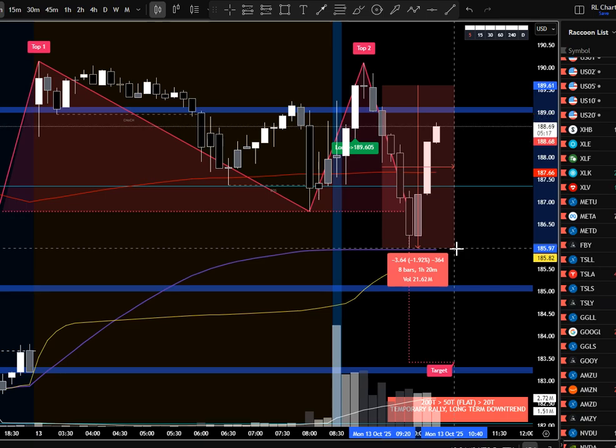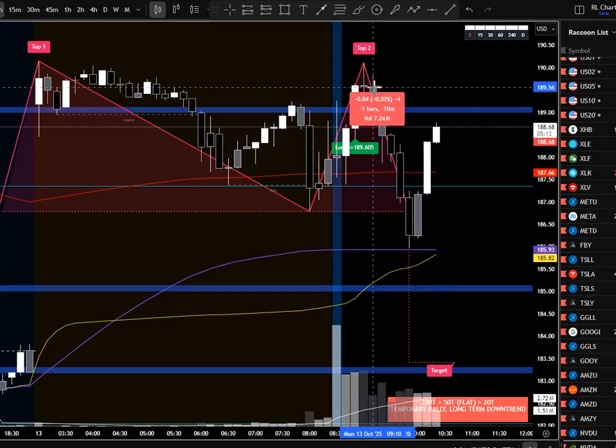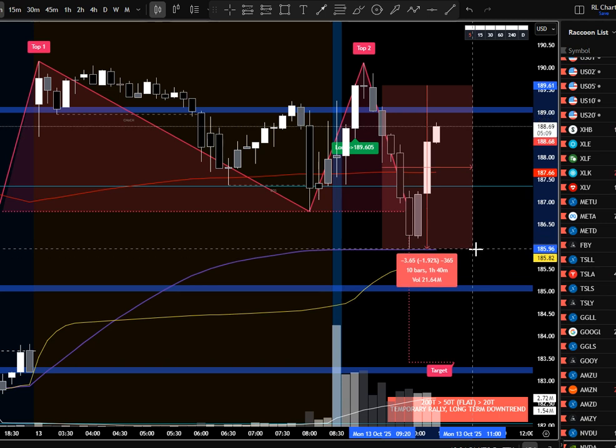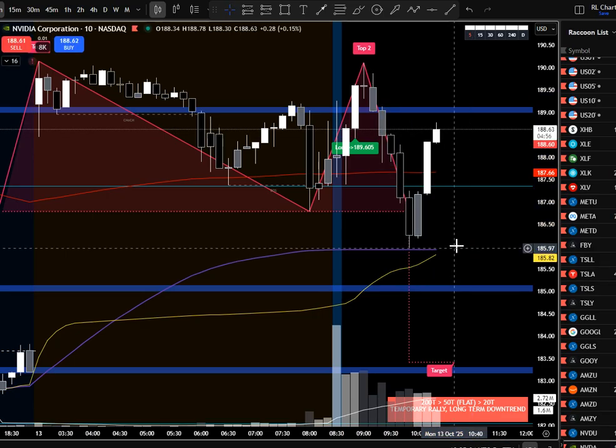If you really timed yourself and waited for the body of the candle to retrace and trigger yourself in for a short, targeting the 50-day moving average, you would have caught a nice one, almost 2%, right?